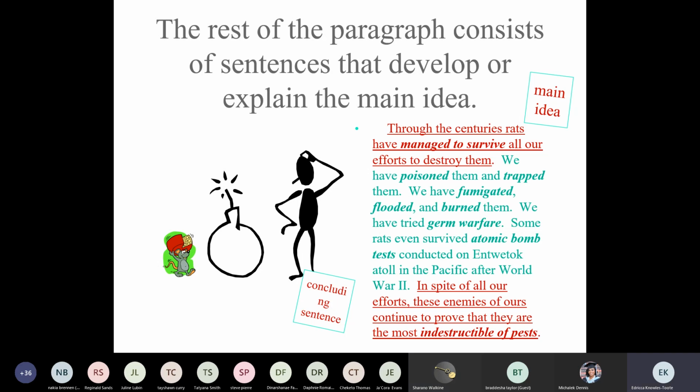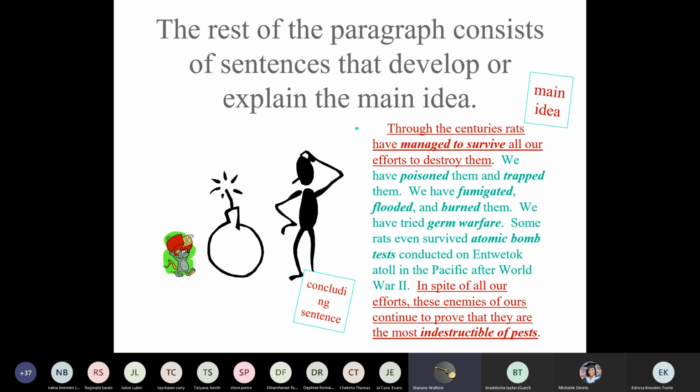And then finally, the last part of our paragraph. What do we call that? All right. Conclusion, he says. Rory says conclusion. Not exactly, but you're almost there. I mean, essentially, it is a conclusion of sorts.